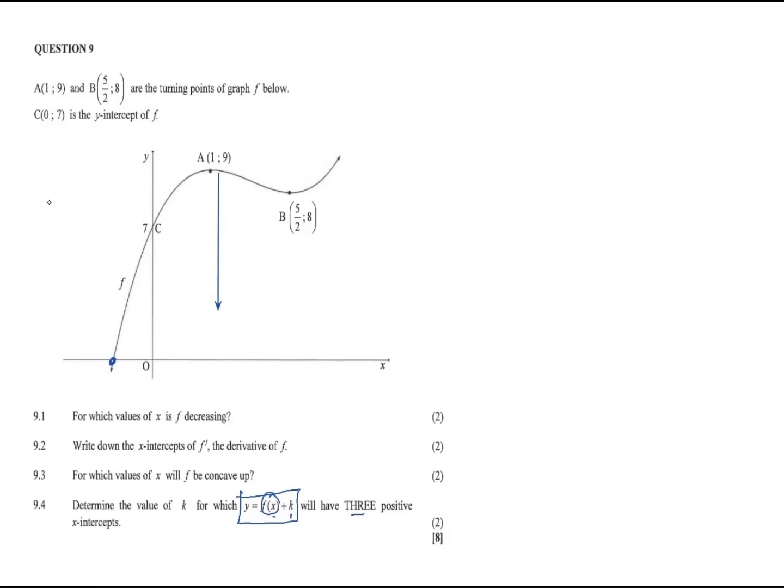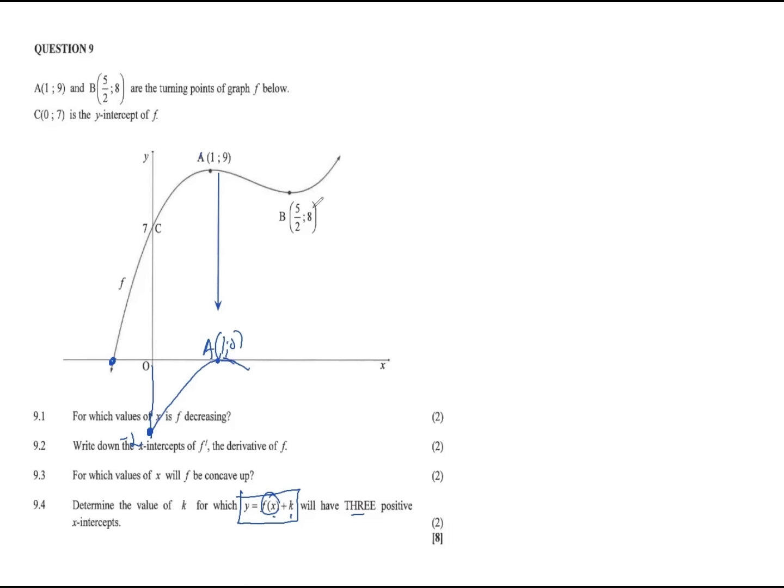Now, you want to have 3 intercepts. Let's say you shift this 9 units down. If you shifted 9 units down, that's 7 minus 9, and it is going to intercept somewhere here at -2. But if you shifted 9 units down, this point A here will now be (1, 0).